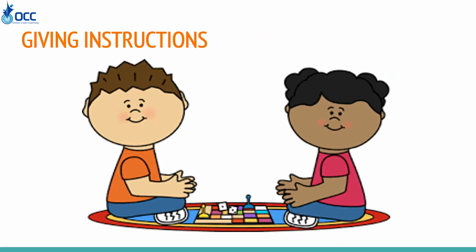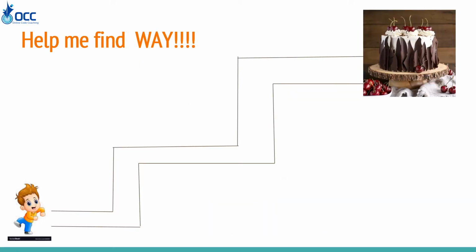Also, let's understand how you give instructions. This is John and today is his birthday. Now you have to give some instruction to John so that he can go and grab his cake. So what will you do? You'll say, John, walk right, walk upwards, walk right, walk upwards, walk right.